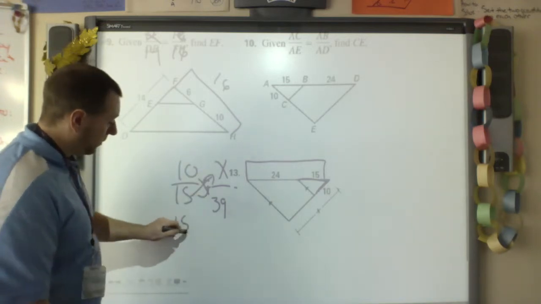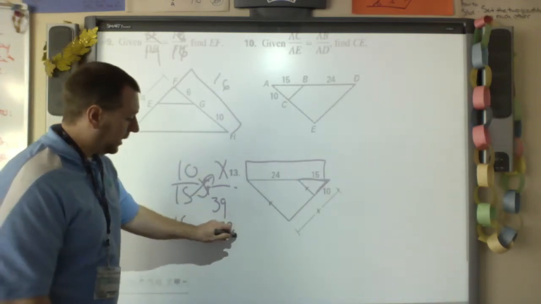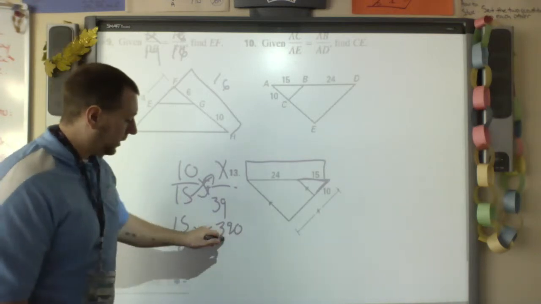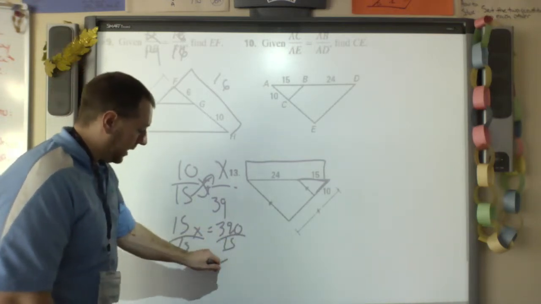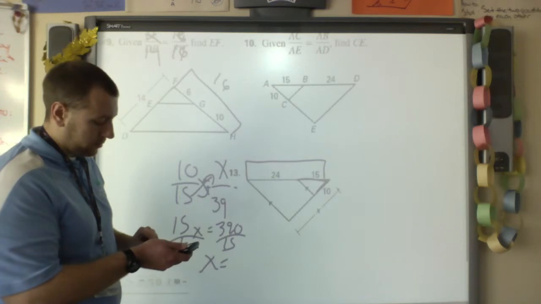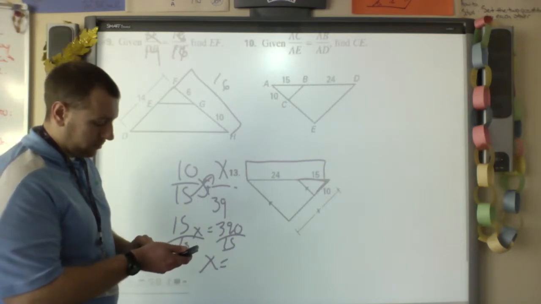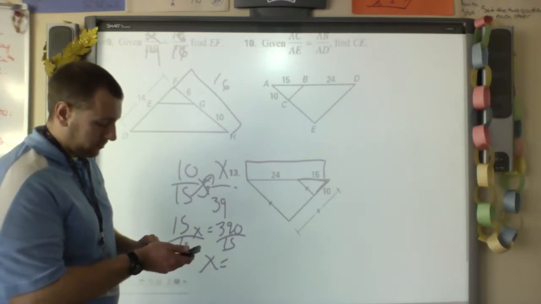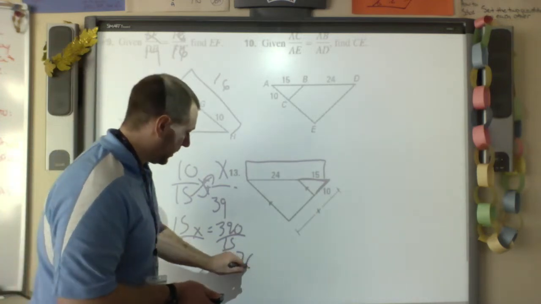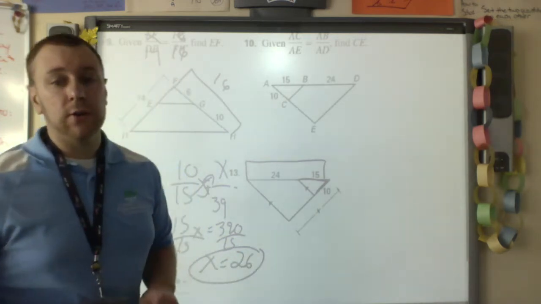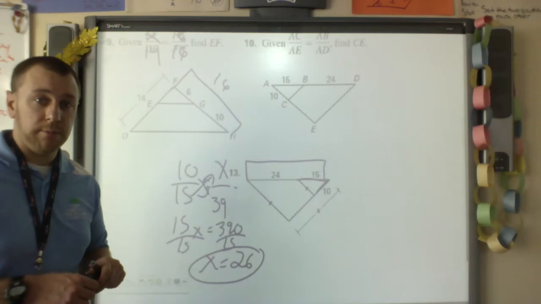Cross multiply, 15x equals 390. Divide by 15. My x becomes 26. So that's how I would set up those proportions and solve.